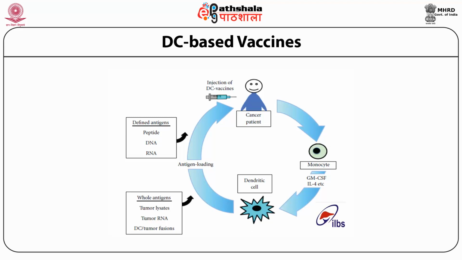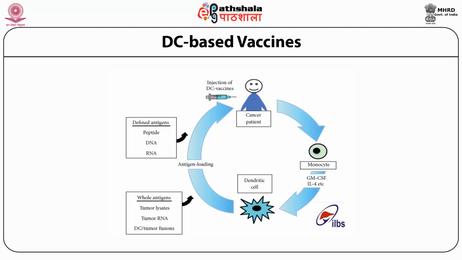Because dendritic cell frequency goes low in cancer patients, so it's better to generate dendritic cells in vitro from the monocytes. Now these dendritic cells can be transduced with the tumor lysates, tumor RNA and tumor infusions.